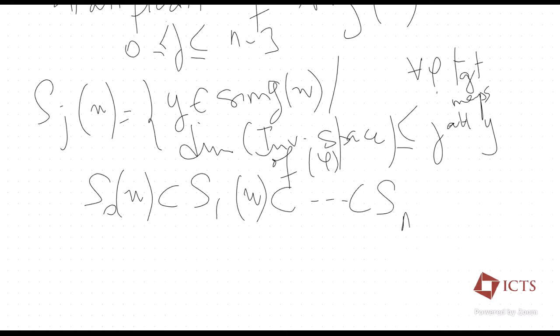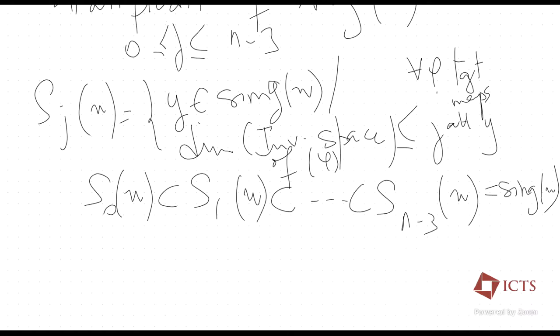The singular set, which is the singular strata, should have dimension at most n minus 3, which means this invariant space of the tangent map has dimension at most n minus 3.